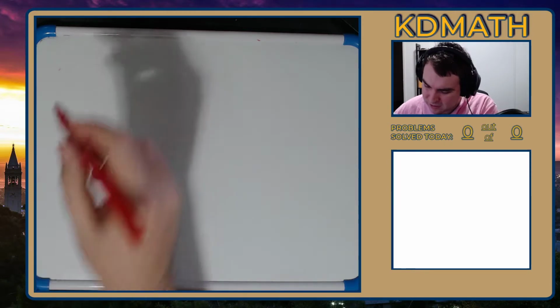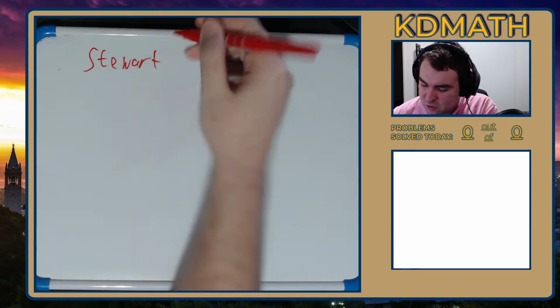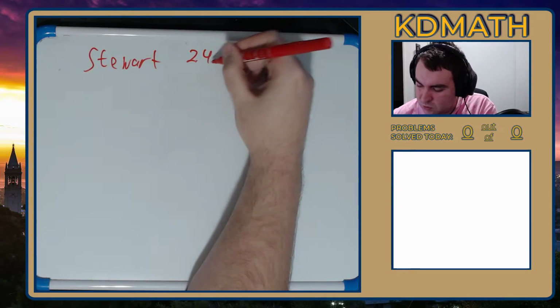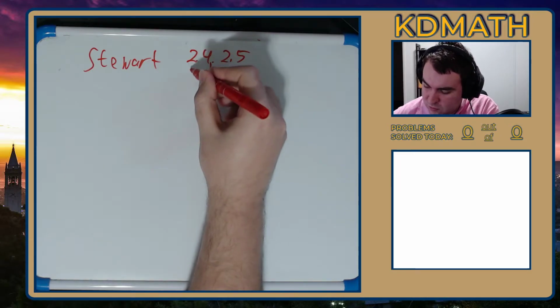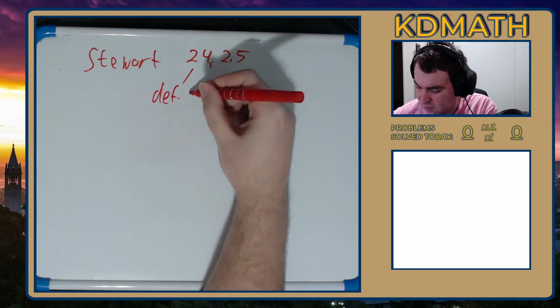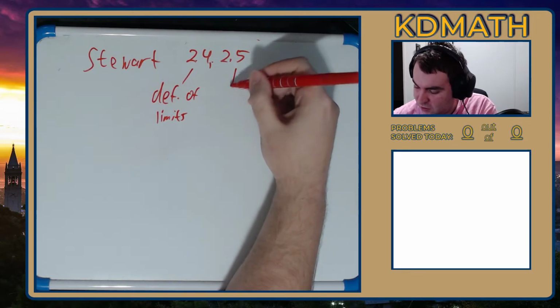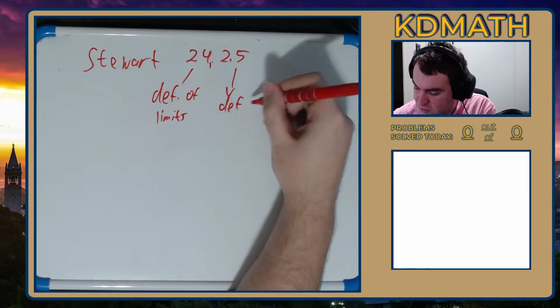But today we really want to talk about Stewart 2.4 and 2.5. 2.4 being a rigorous definition of limits, and 2.5 being the definition of continuity.